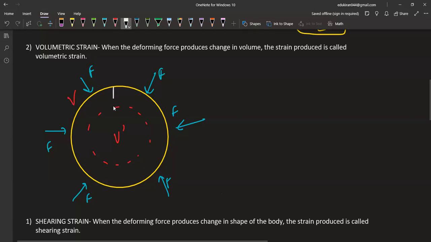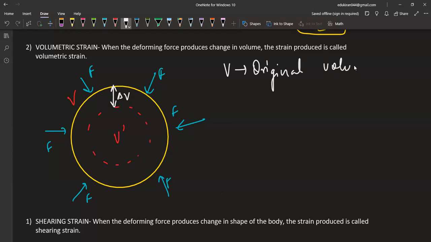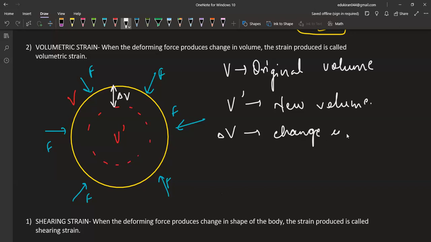So can you see there is this change in the volume that has occurred, delta V. So V is the original volume. V dash is the new volume. And delta V is the change in volume.